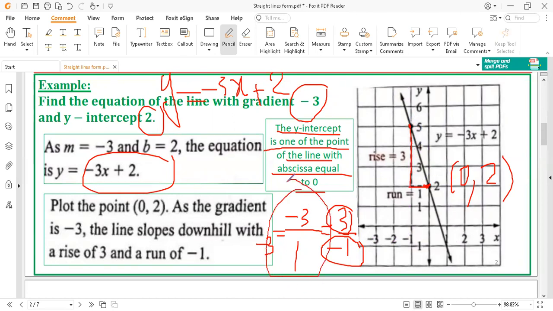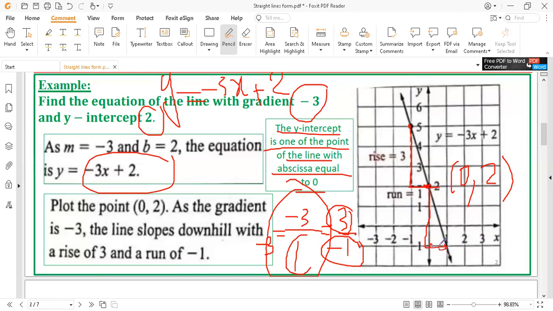Or if we use -3 as the rise, rise over run, then from this point we go down 3, 1, 2, 3, and 1 as the run, 1 in the positive direction of the x-axis.